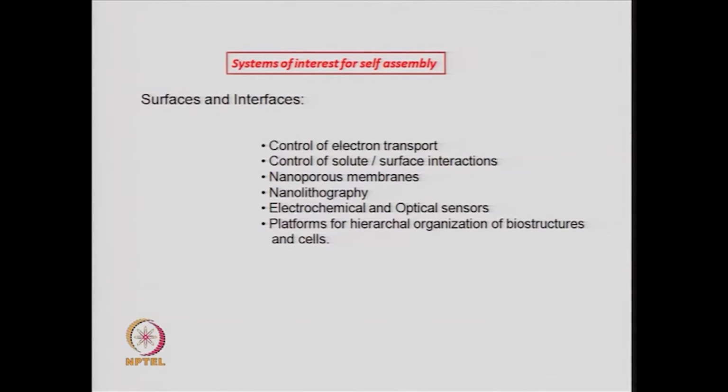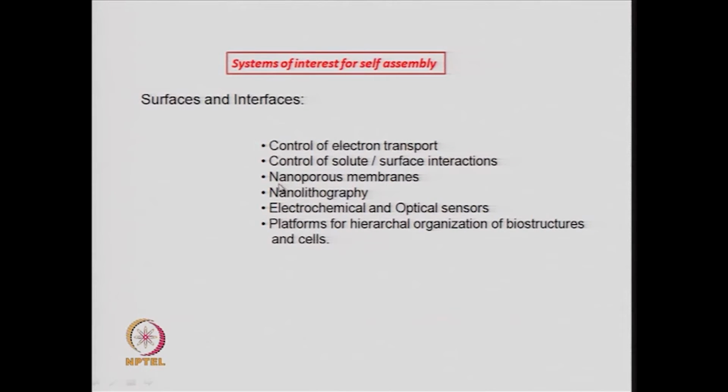Then systems of interest for self assembly. What all systems are of interest to us? For example, in surfaces and interfaces, we can control the electron transport by controlling the self assembly. Then we can control the solute surface interactions on the surfaces.